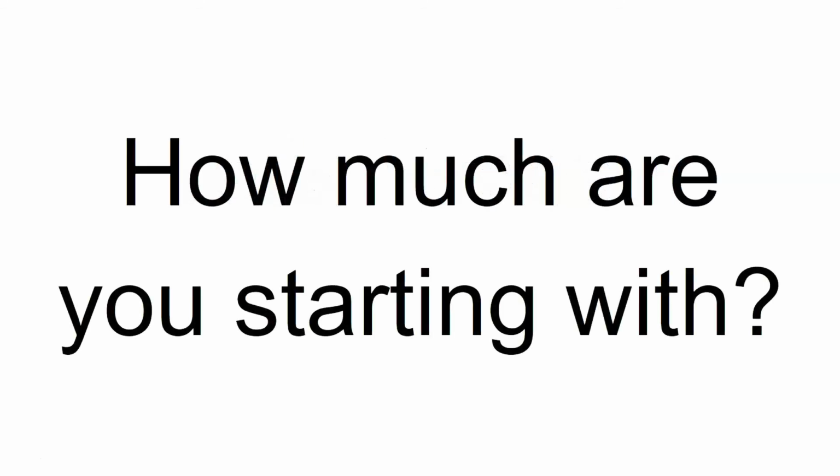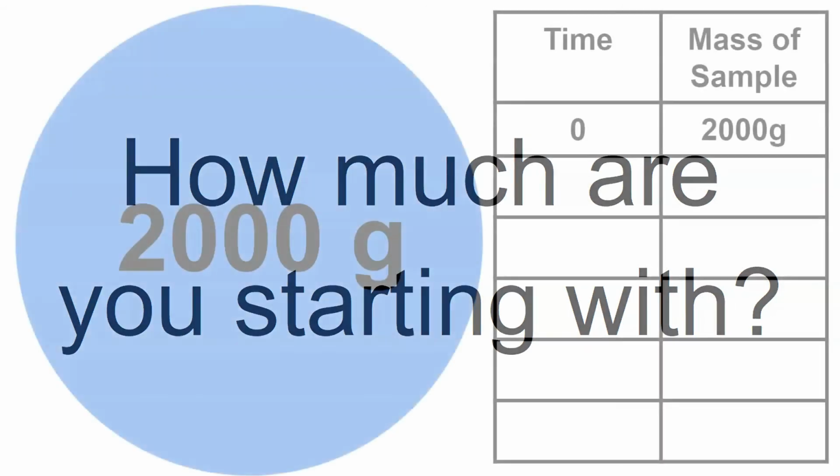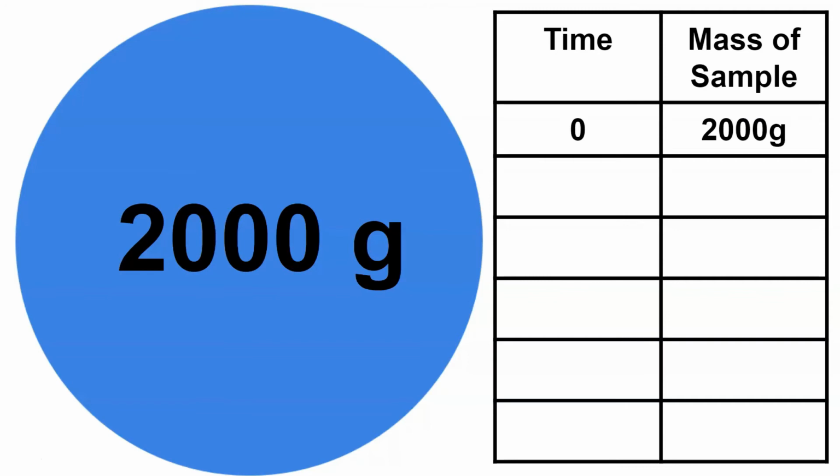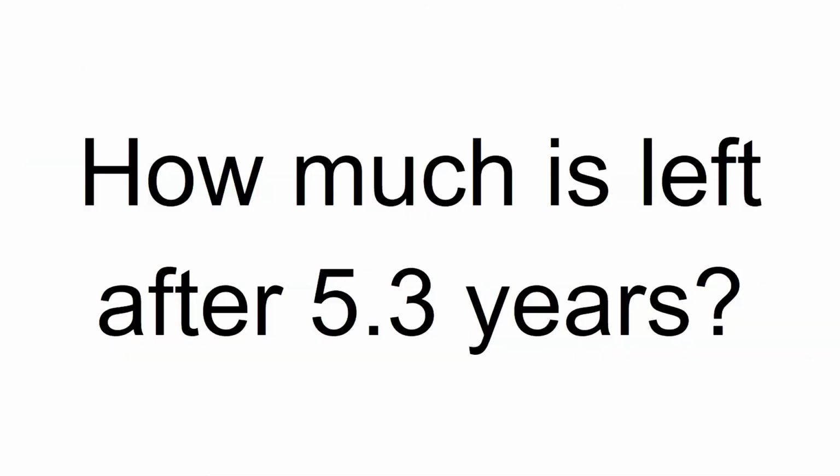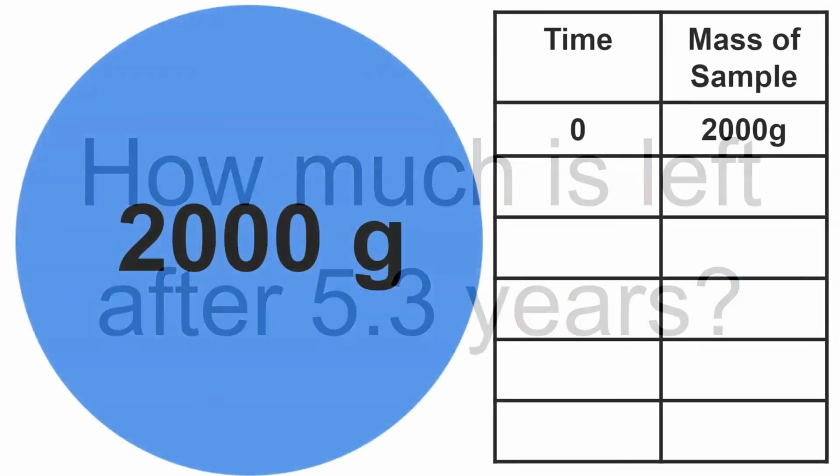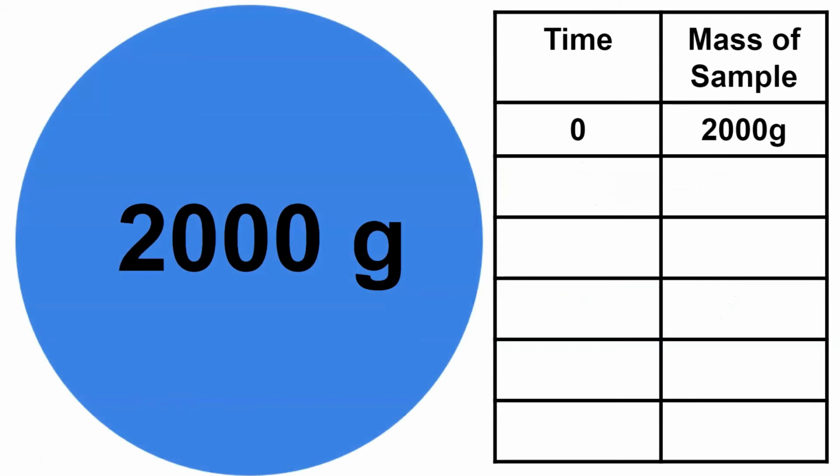All right, let's do it together. Let's review. How much are you starting with? Let's think about that. We are starting with 2,000 grams. So how much is left after 5.3 years? We originally had 2,000 grams.